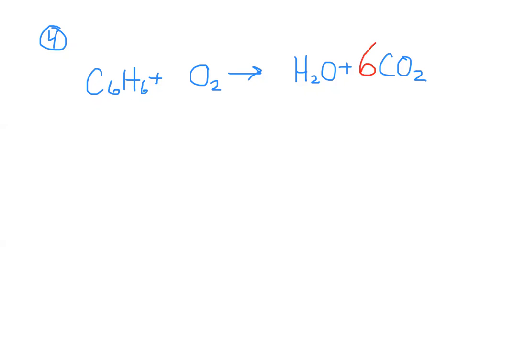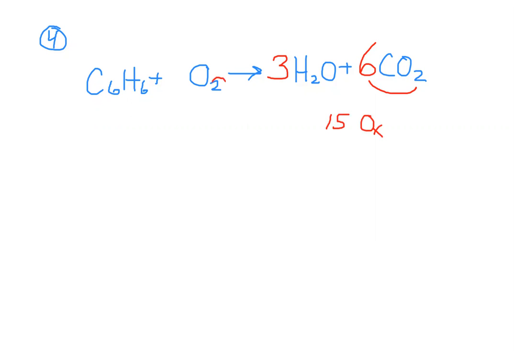So if we put a 6 there, that has our carbons balanced. And we got 6 hydrogens here, so we would have to put a 3 here in order to have our hydrogens balanced. Now let's see how many oxygen it gives us. 6 times 2, 12, 13, 14, 15. That gives us 15 oxygen on this side.